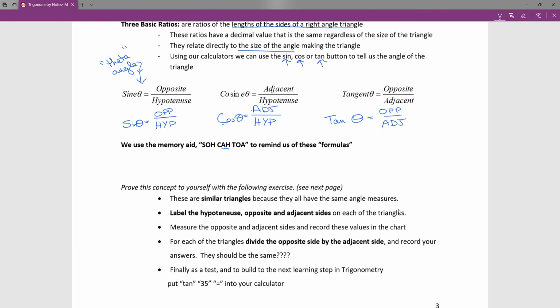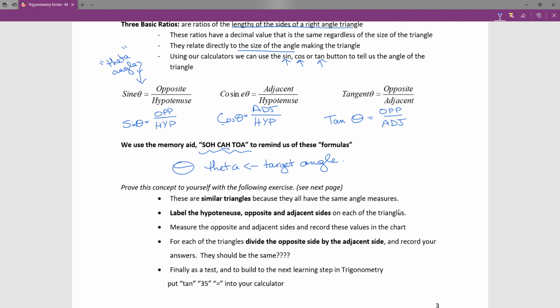And what we're talking about here, this opposite over adjacent bit, is the ratio of the lengths of the sides of a triangle. And so this is how we use this memory device. It sounds silly when you say it, but that's what we're doing. And again, that symbol there is theta, and it represents your target angle.